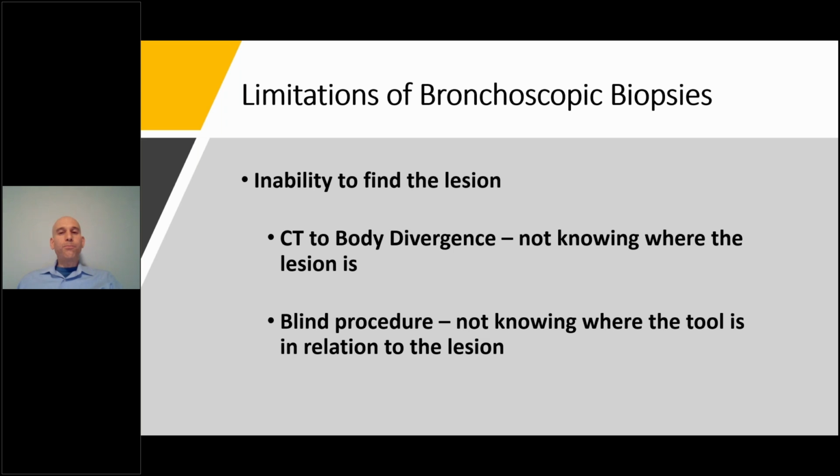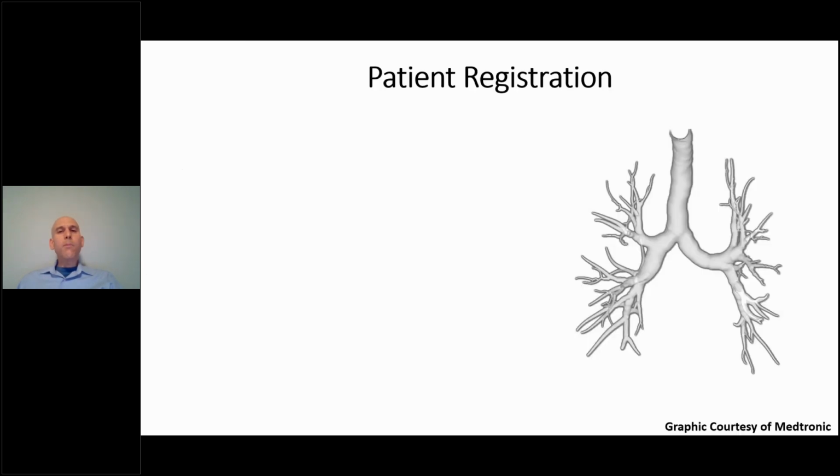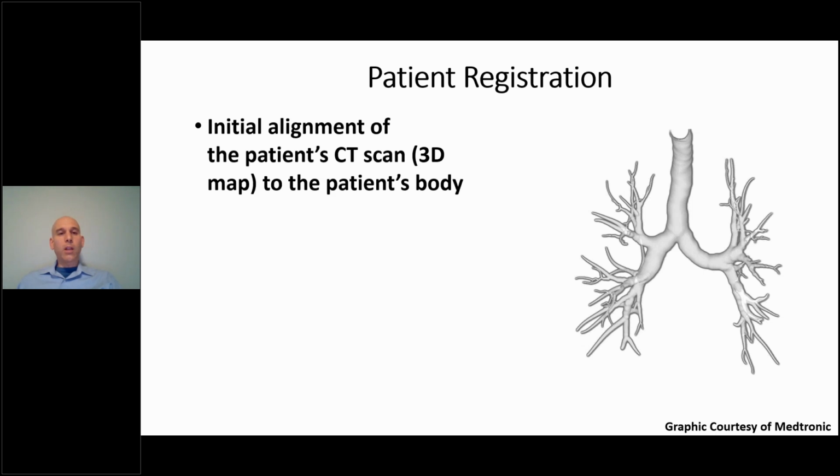So when we think about the CT to body divergence part, we have to think about how our navigation bronchoscopy platforms were founded. What's the rationale and information that we use to help build the structure and build the technology. They're all basically based on the idea of taking a patient's initial CT scan prior to the bronchoscopy and trying to overlay it or overlap it with the patient's body and central airway in real time.